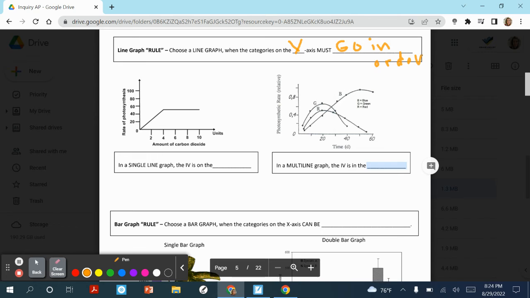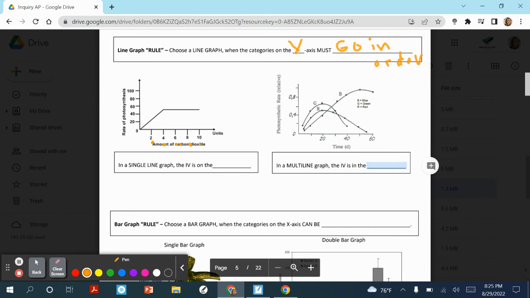So here's what I mean by that, okay? Notice, when I look at this graph right here, and I wrote a 2 and a 4 and a 6 and an 8, would it make any sense to go 2, 6, 4, 8, 10 for the amount of carbon dioxide? It wouldn't. So since what we are putting here on the x-axis must go in order, we should be making a line graph instead of a bar graph, okay?